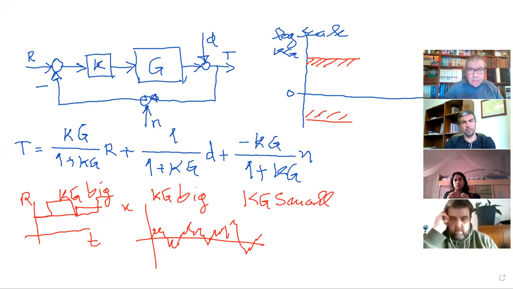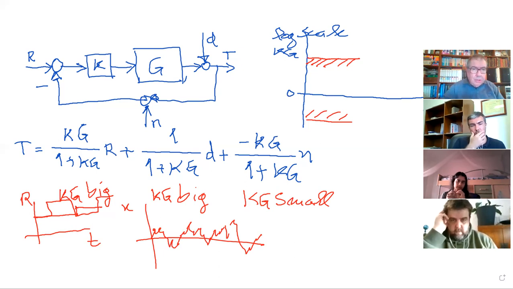I'm going to move this for different frequency contents. Which one am I going to move to the high frequency? The small kg, so the one that is related to noise.